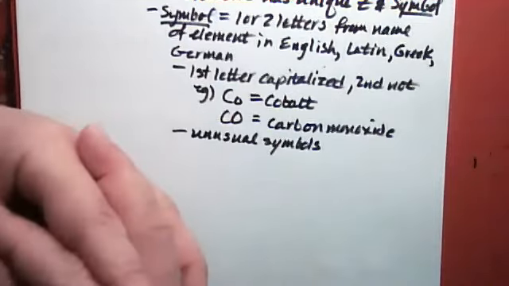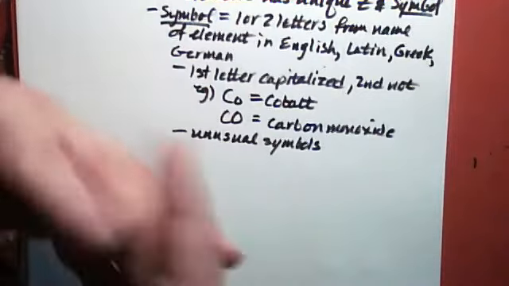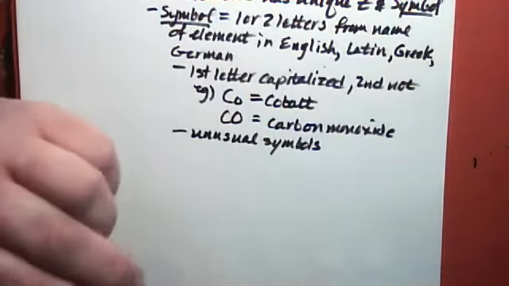For instance, C is for carbon and Ca is for calcium, even though it could very easily have gone the other way. For the most part, the elements that have been known the longest have the simplest symbols, like C for carbon, for instance, because that's been known since prehistoric times.